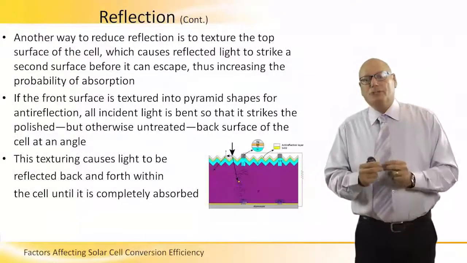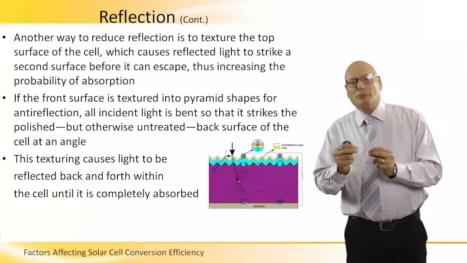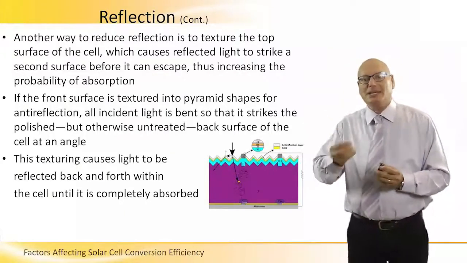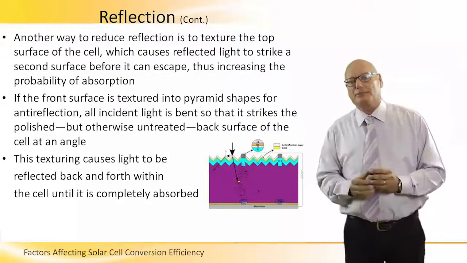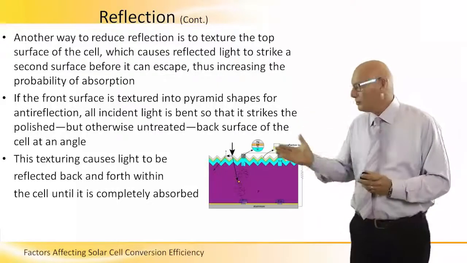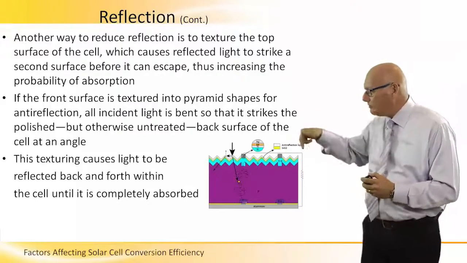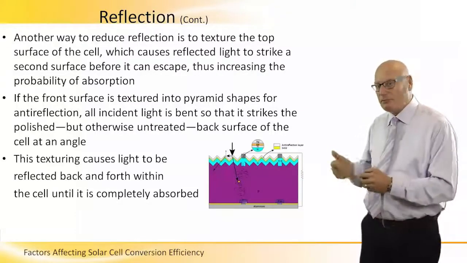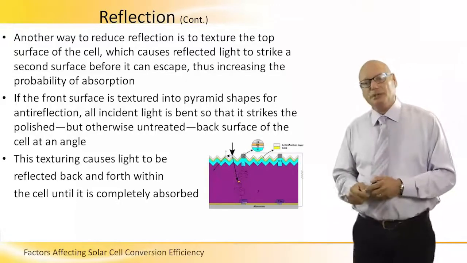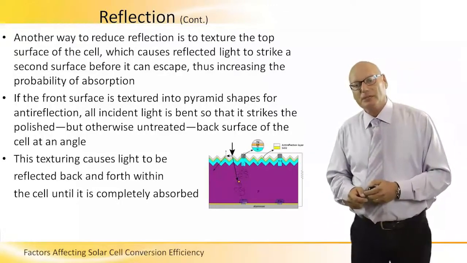Another way to reduce reflection is to texture the top surface of the cell, which causes reflected light to strike a second surface before it can escape, thus increasing the probability of absorption. Let's look at the picture. We see light coming in, being reflected to the side, some of which penetrates the cell itself.